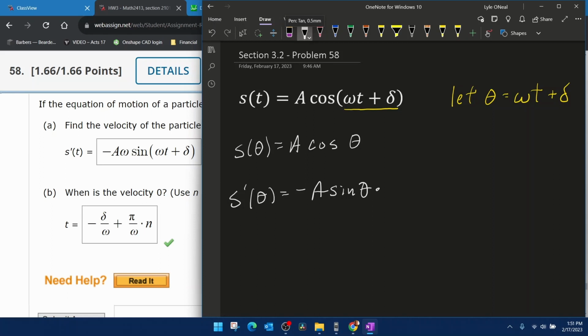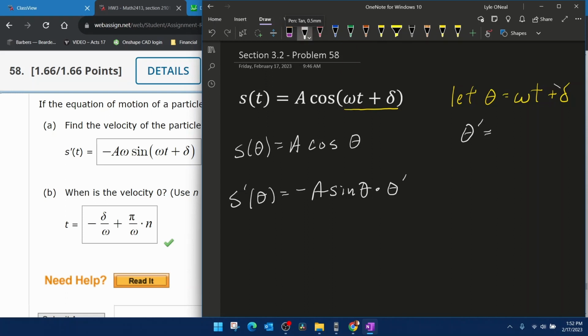But then since we did a substitution, we're going to have to multiply by the derivative of theta. So coming back over here to the side, we can differentiate theta, knowing that t is the variable, and the other two letters are treated like constants.